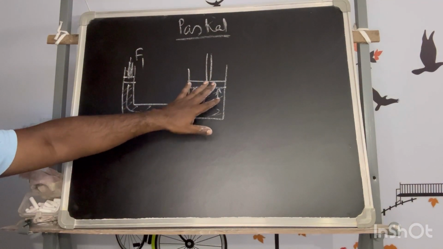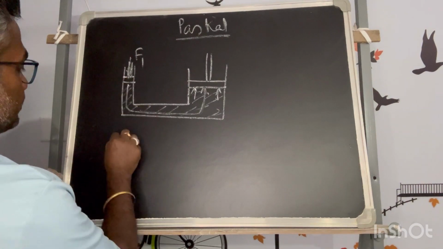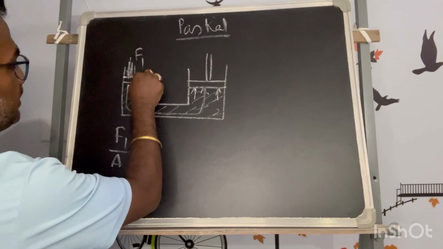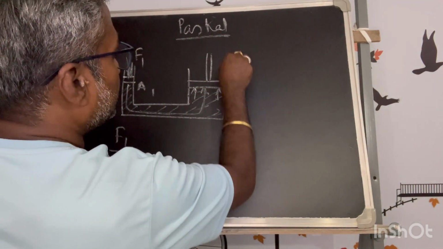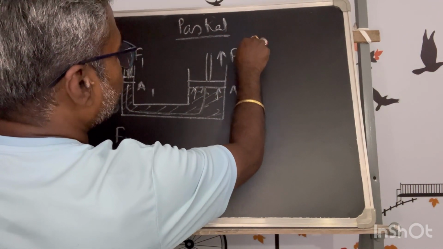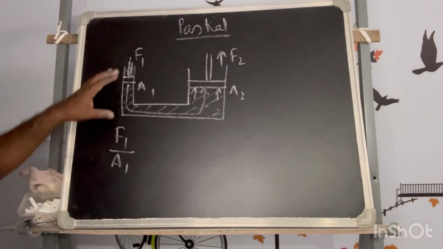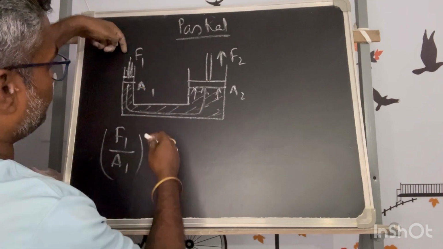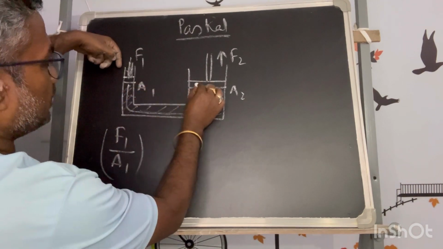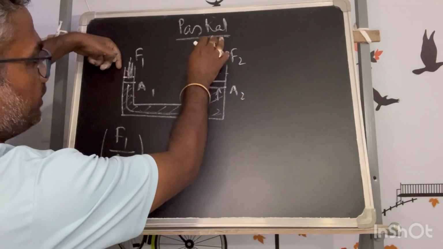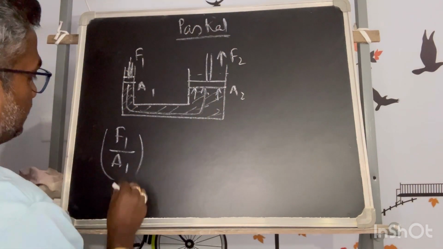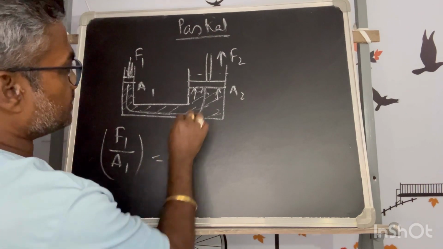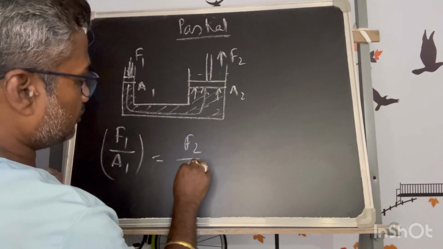On the other arm, the force divided by the area, let's say this is area A1 and this is area A2, and the force is created due to this force. Here, if I assume it is in equilibrium after putting the force, the liquid column comes down on one side, goes up some height on the other, and remains there. Now what is the pressure here? F1 by A1. What is the pressure on the other arm? F2 by A2.